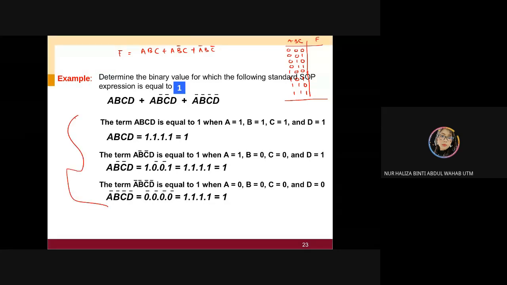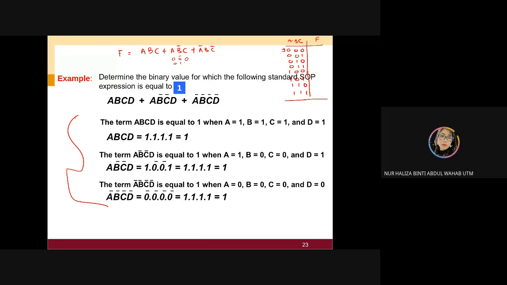I check one by one. 0, 0, 0. I try to put inside: A is 0, B is 0, C is 0. Can I get 1? No, because this is an AND, so I will get 0. So I cannot get the output of 1. Another term, I apply the similar 0, 0, 0 here, I will get 0, 0 bar, 0.